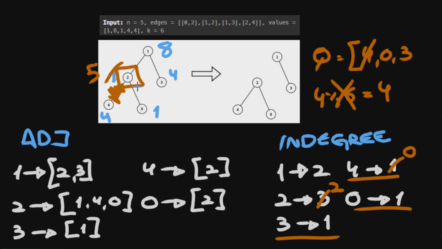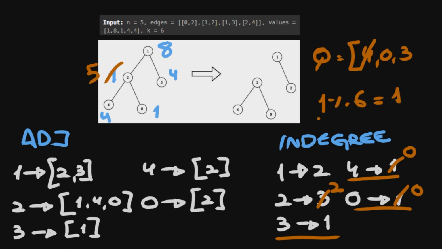So now we continue with the next node in the queue, meaning with the next leaf. So we are here. And now we do the same. We go to in-degree at the current node and we subtract 1. This is 0. So now we don't visit this node ever again. And now we are checking if the current value modulo k is 0. In this case it's 1, meaning this is not divisible by 6.